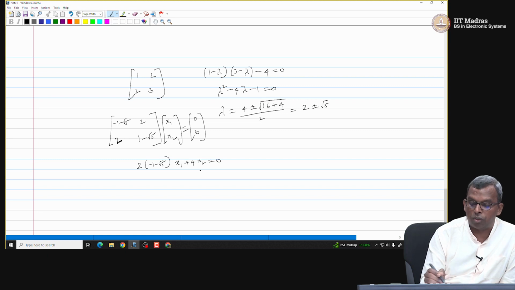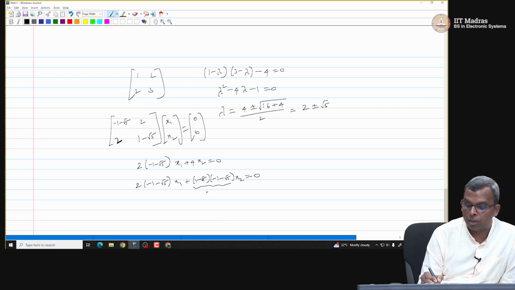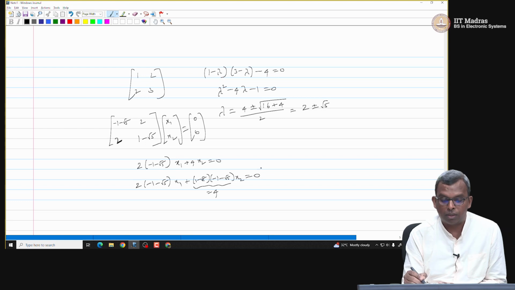So multiplying the first equation by 2, and the second equation I am going to multiply by minus root 5 x1, and then just to check that things are working out okay, plus 1 minus root 5 into minus 1 minus root 5 into x2 is 0. These two will give you the same equation because this is equal to 4. So this is working out correctly.